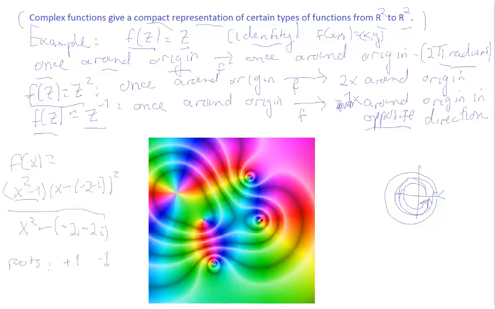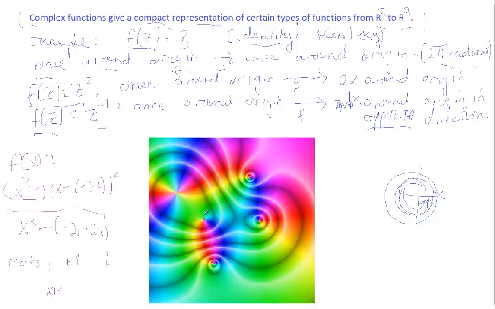Here we have the same situation. If you're looking at the colors, red goes to purple, goes to blue, going counterclockwise, and it runs through all the colors once. Now, why is that? Because near this point, the function looks approximately like z plus 1. In fact, it looks sort of like the identity function.